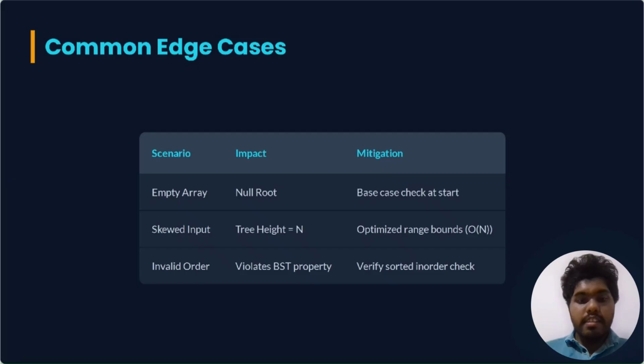Range bounds handles this best. Third one, invalid sequences. If the input array isn't a valid pre-order binary search tree sequence, your bounds check will naturally fail, allowing you to throw an error.